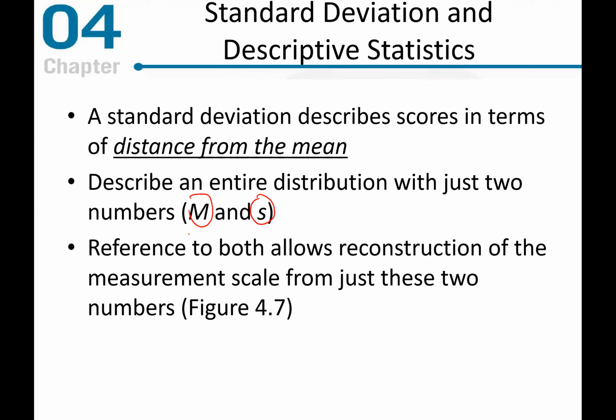Or we could describe an entire distribution with the population mean and the population standard deviation. Reference to both is going to allow the reconstruction of the measurement scale from just these two numbers.